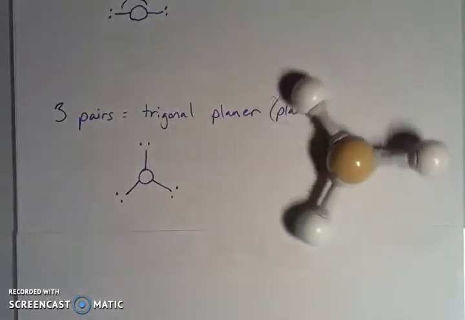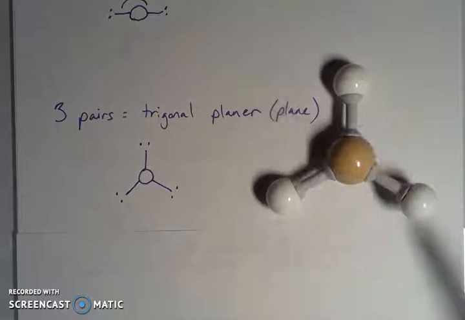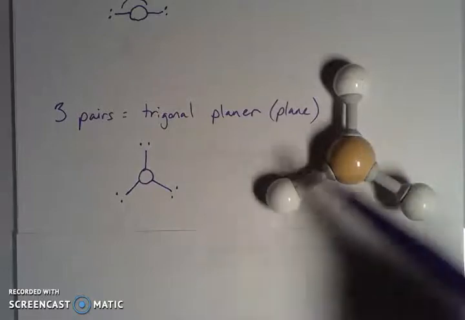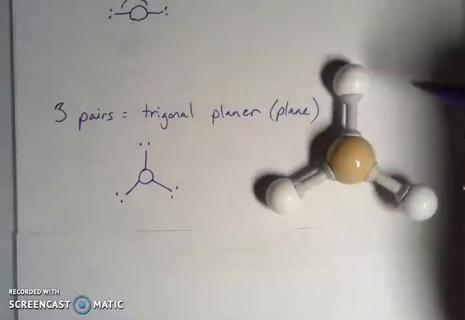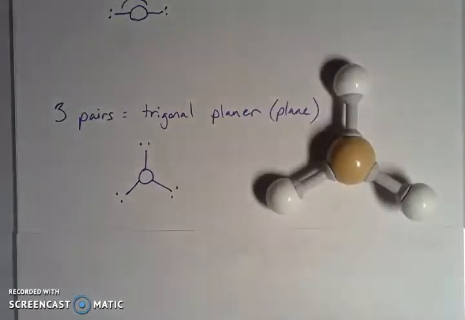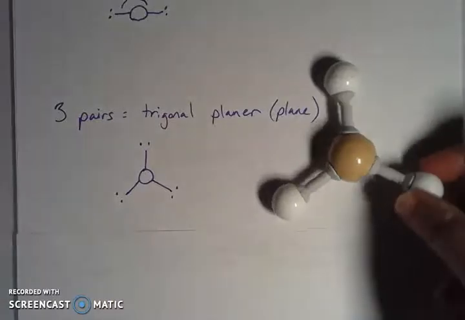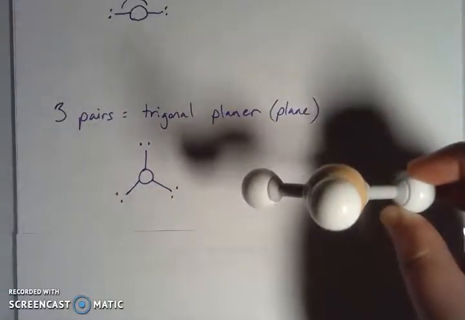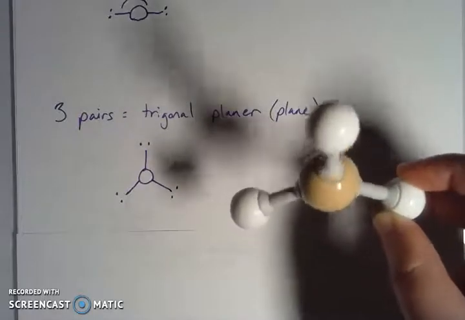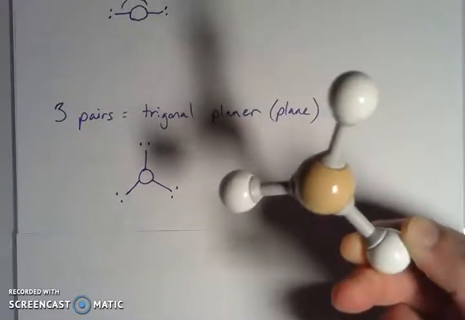Then we get this fidget spinner looking molecule. I think it looks like a Mercedes-Benz symbol. Not that I've ever had a Mercedes-Benz, but if you put a circle around it, you can picture it as a hood ornament in my mind. So if I have 3 pairs, and I want to spread out those pairs as much as physically possible, we can see, if we're looking straight down the axis here, that these things are all in the same plane.